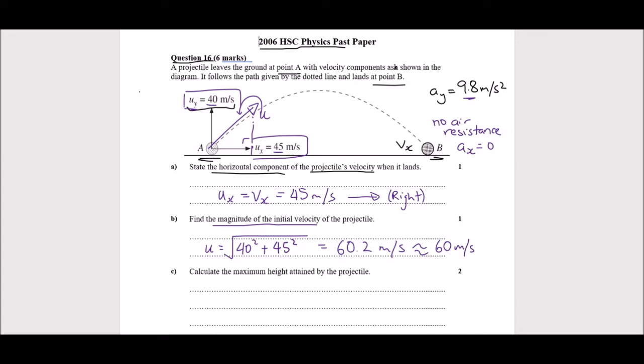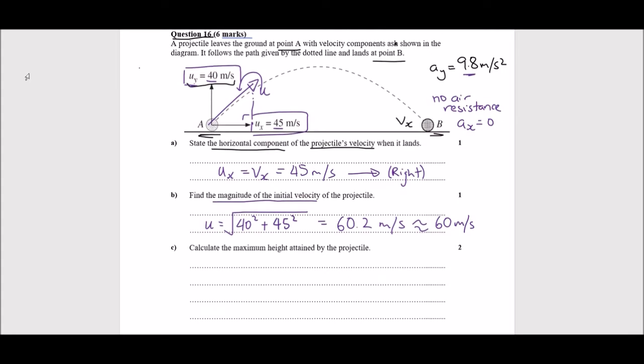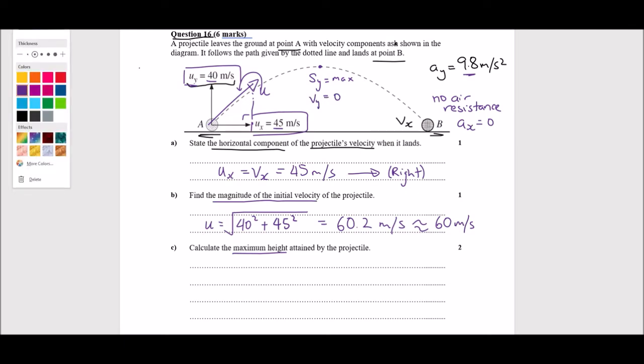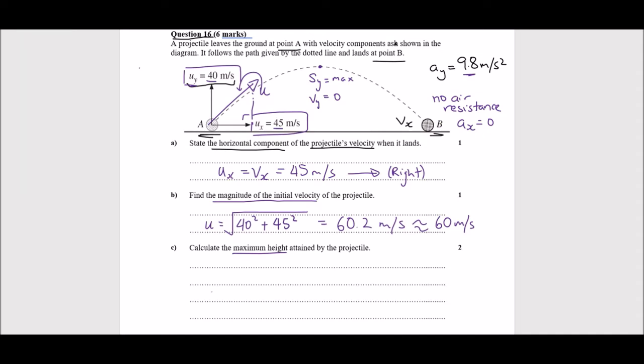Okay, question C, it says calculate the maximum height attained by the projectile. Now we know that at this point, sy max, the maximum displacement in the vertical direction, is also where the velocity of the y component is 0. I'm going to change up my colors so it's not all cluttered the same.